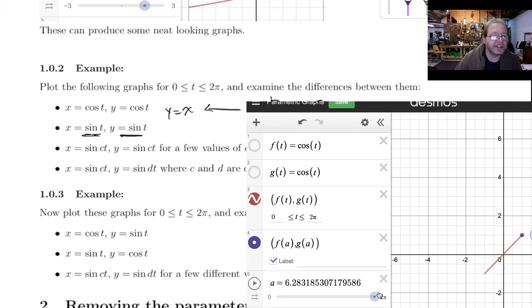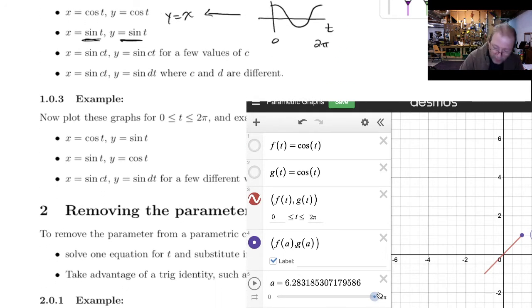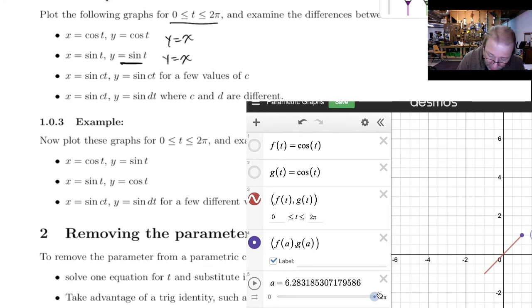Now, if we look at sine instead of cosine, what's going to happen there? It's still going to be the same little line segment there, because if x is equal to sine t and y is equal to sine t, you've still got y equals x. And if we're only looking from 0 to 2 pi, that's not the important part for this.